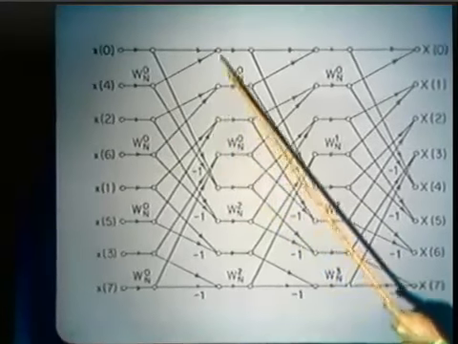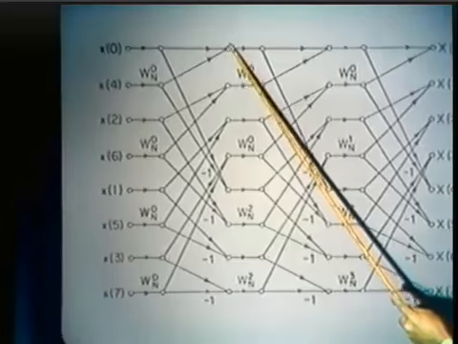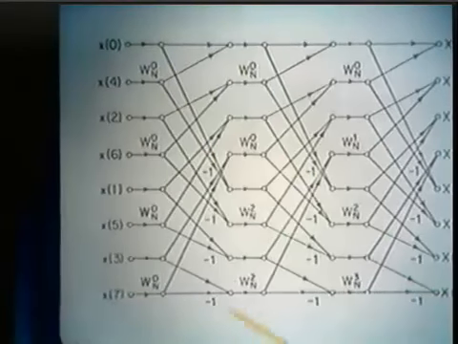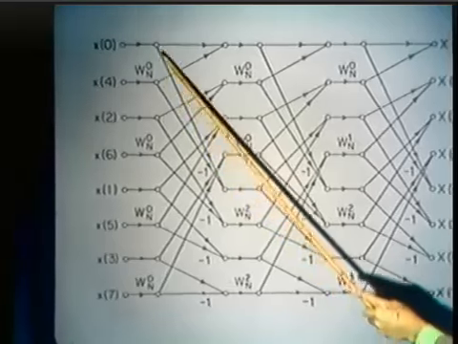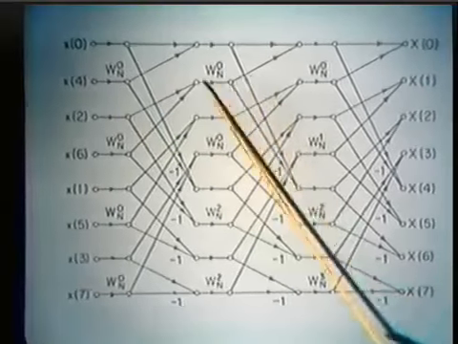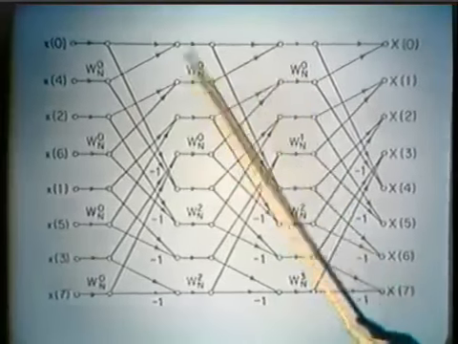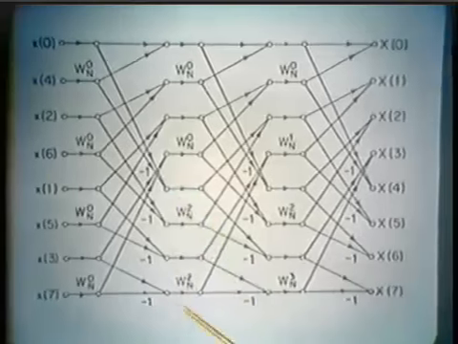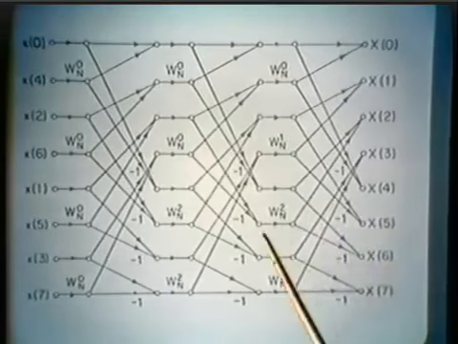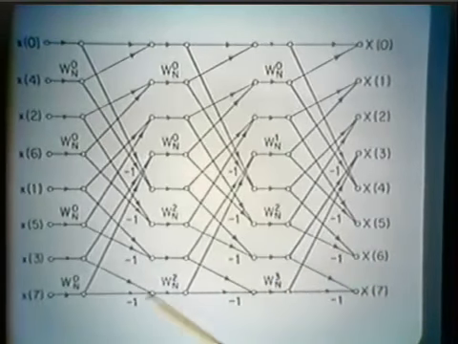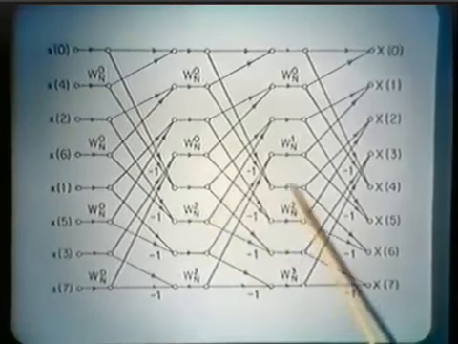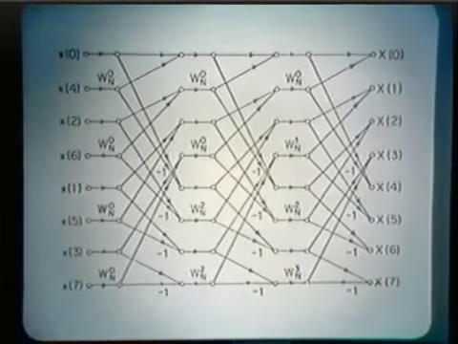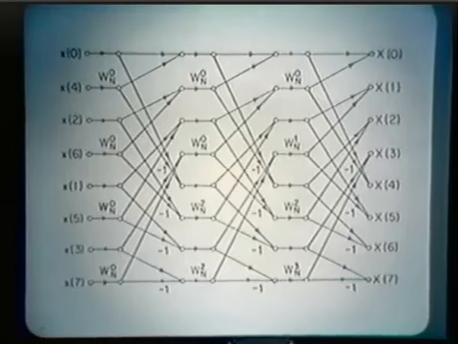In other words, if you think of how this piece of the flow graph looks in computing the first stage, it is exactly the same with regard to data access as computing this stage is in relation to the one before it, and this continues on through. So as opposed to the other forms of the algorithm, the indexing is identical from stage to stage in this form of the algorithm.